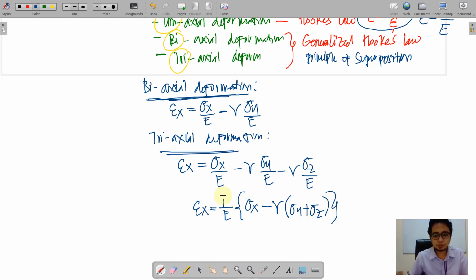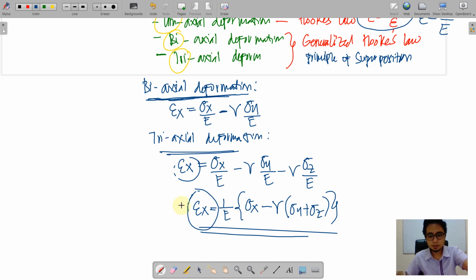So this is the formula now for the triaxial deformation. So always remember, kapag longitudinal direction, nandun yung ating axial load, and then yun yung ilalagay dito sa outer strain. Okay, so that's the principle or the concept.